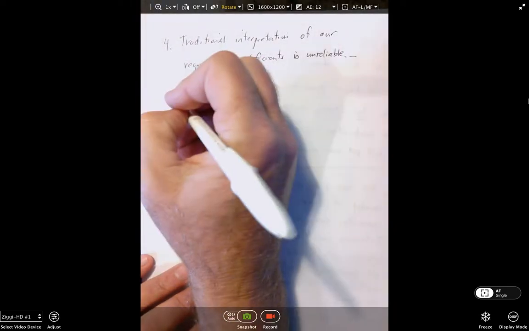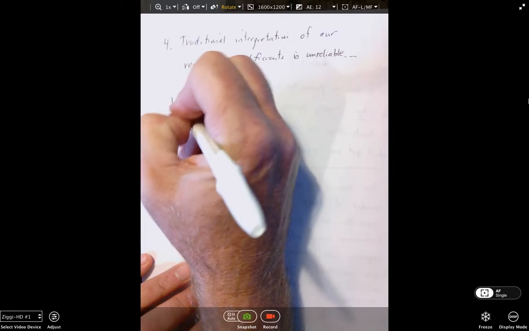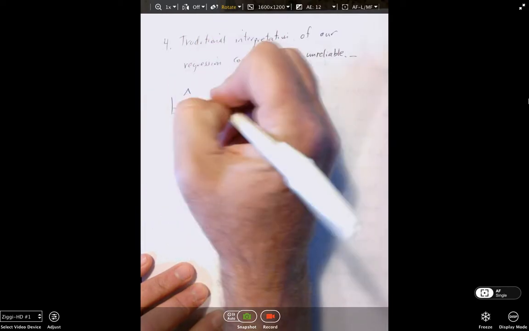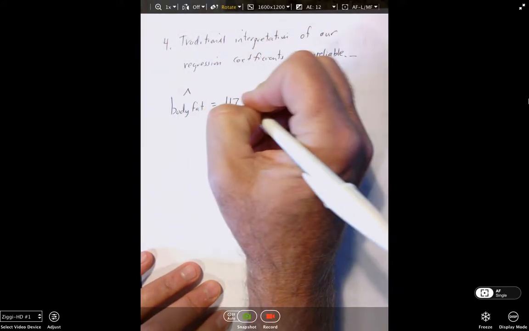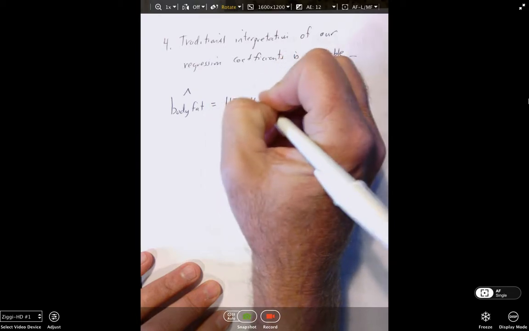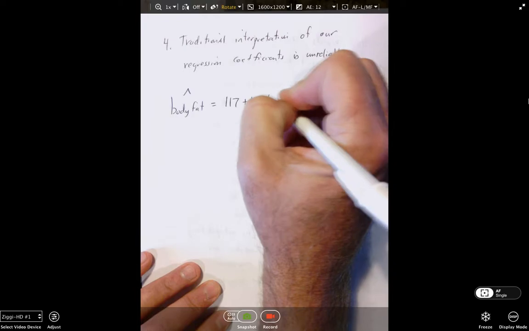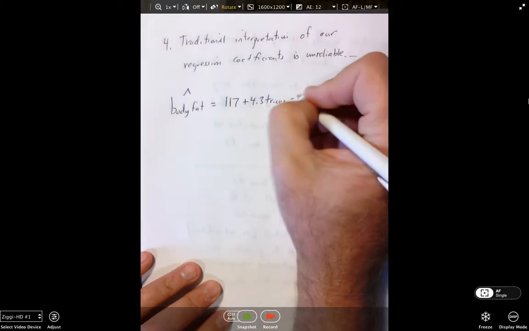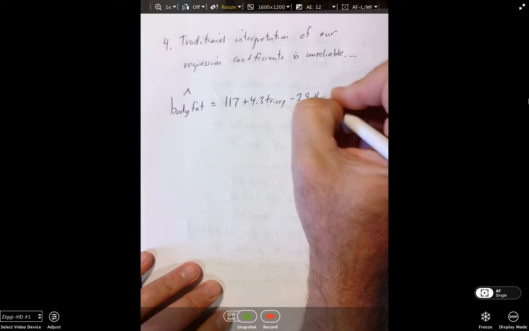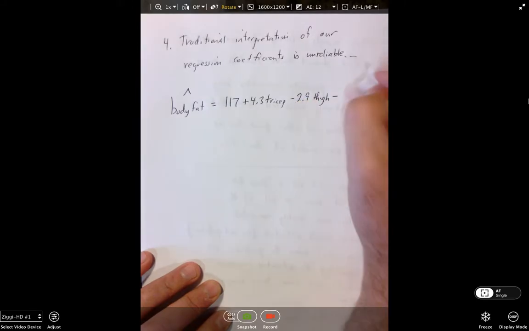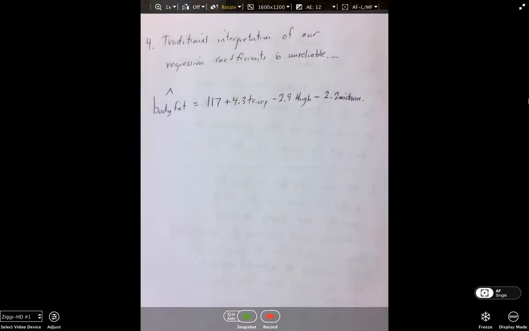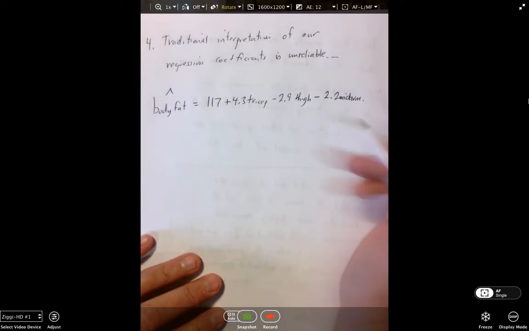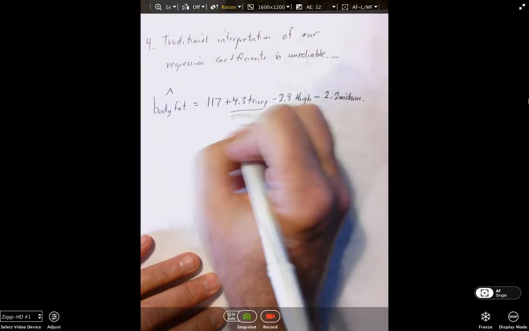Let's go back to the body fat, and I want you to revisit our model there. The model that we came up with, for the most part, was this one. And again, just talk it through.